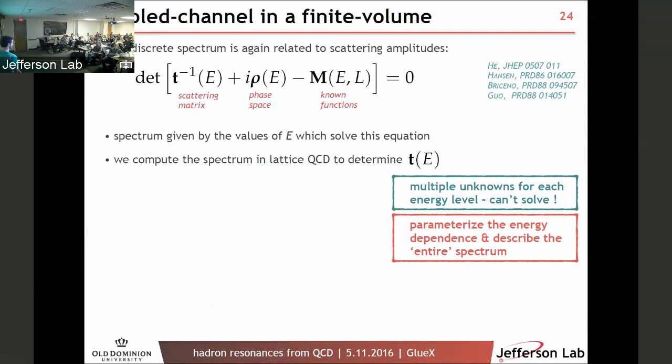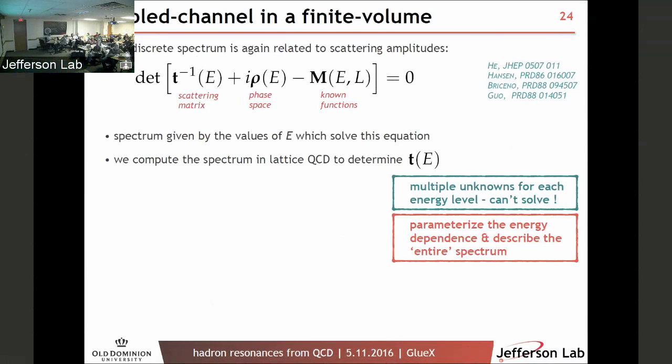This is the phase space. Okay, that's straightforward. And these are some known kinematic functions. The idea is if you have T as a function of E, if you have the scattering matrix as a function of energy, you evaluate this expression. It's just some complicated function of E. You find all of its zeros, and that's the finite volume spectrum.